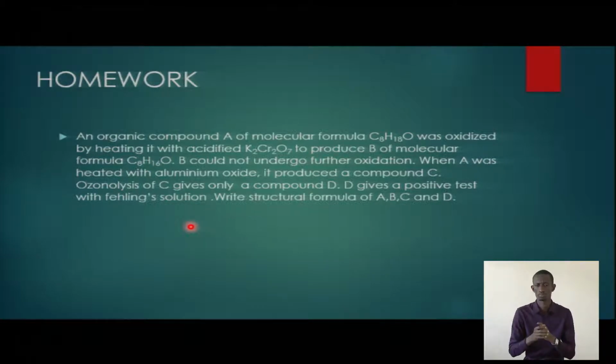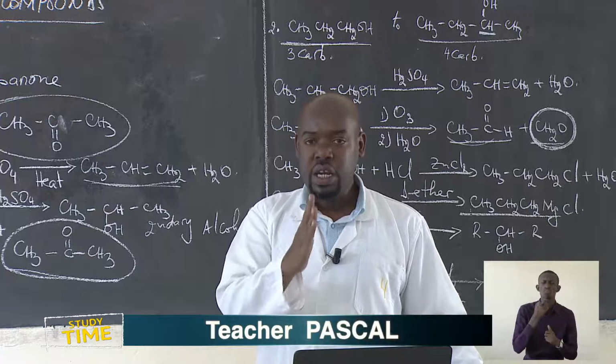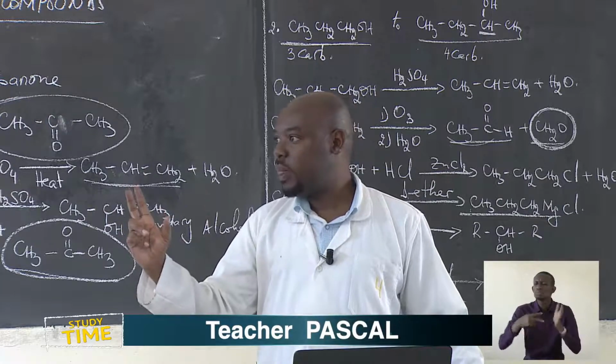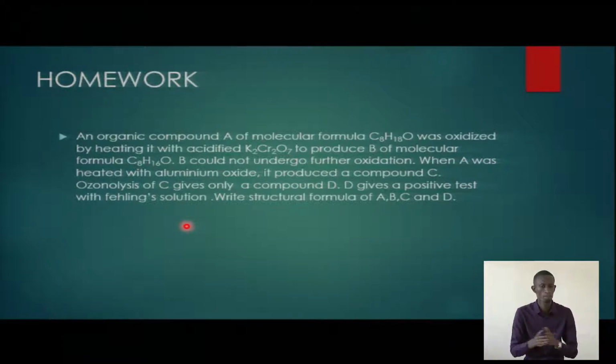B could not undergo further oxidation. I said you have to be very careful and get to know the meaning behind each statement. B could not undergo further oxidation. What does it mean? When A was heated with aluminum oxide, it produced a compound C.